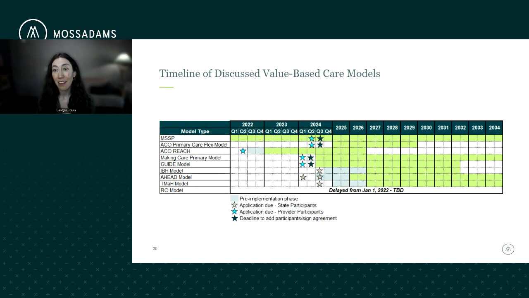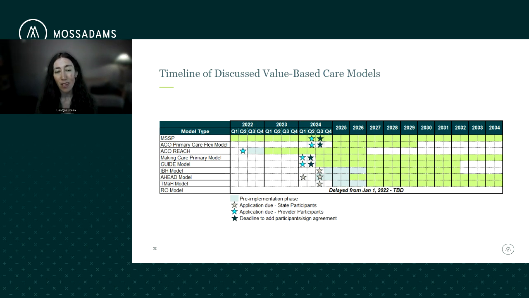So we've talked about a lot of different models today. This timeline summarizes some key milestones for each of these models. So you'll see that MSSP is green, it's active, it's been active for 10 years, and as far as I know, will continue to be active for another 10 years.